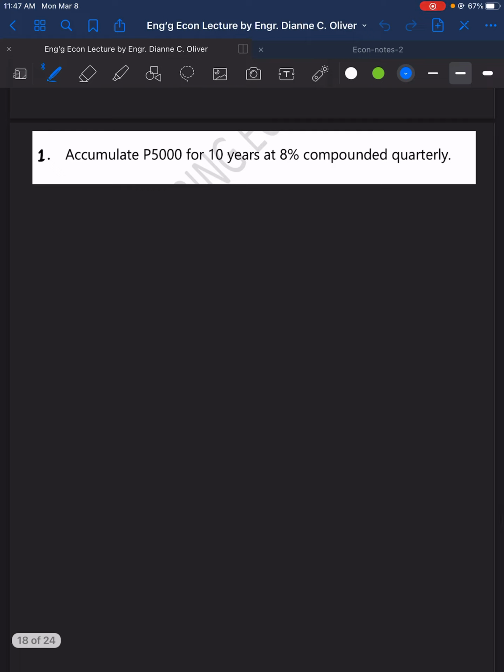Okay. So we have here number 1. Accumulate 5,000 pesos for 10 years at 8% compounded quarterly. So first, let's have the given. R, or the nominal rate, is equal to 8%, or 0.08.